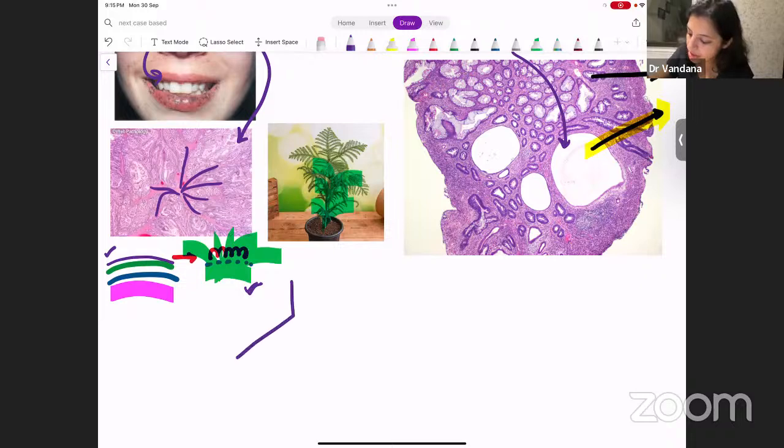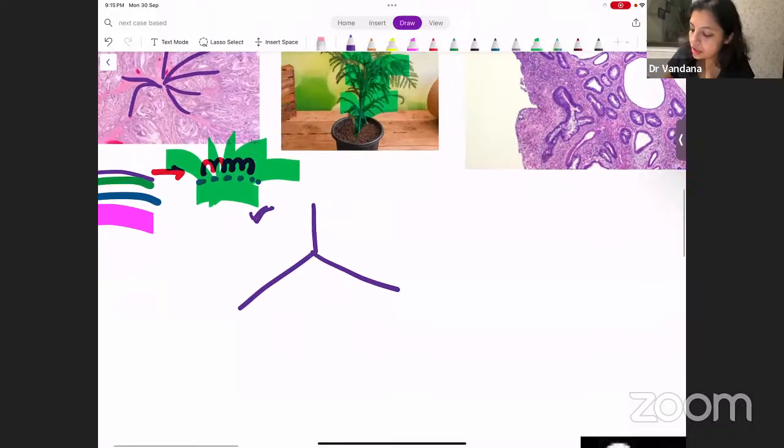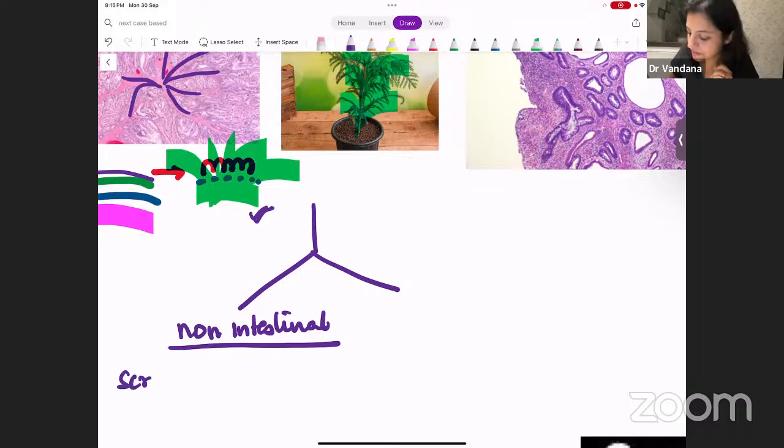Peutz-Jeghers syndrome can give rise to a lot of non-intestinal malignancies. Therefore, if there is any person with Peutz-Jeghers syndrome in the family, screening should start at birth.